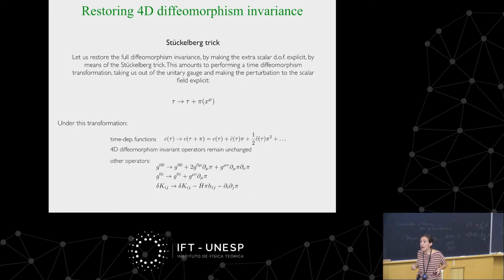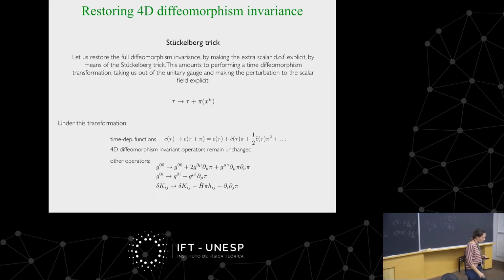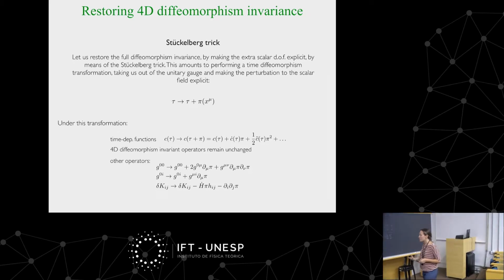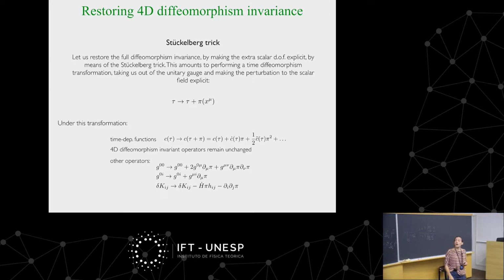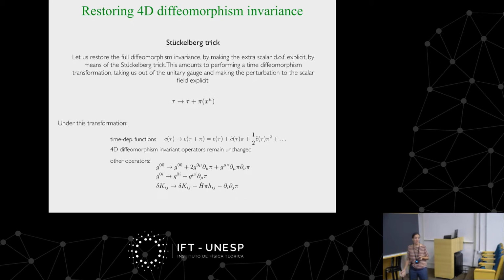So you have to go out of that gauge because you want to go into either synchronous or Newtonian gauge to study your perturbation. So the typical way to make reappear the perturbations to your scalar field, so far I'd call them delta phi, but typically in this framework you call it pi, is to do what is known as the Stueckelberg trick.